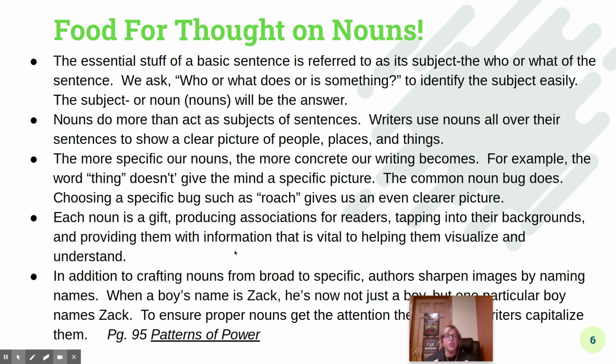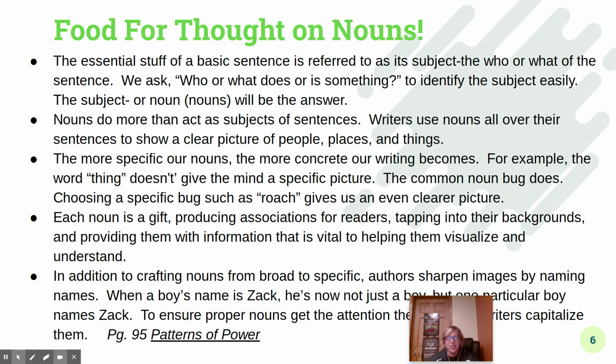So look at this third bullet point. We can be very general when we talk about our nouns, like the word bug, but if we make it more specific and we talk about the roach, we can already picture what's happening because of just that noun choice. It's a clearer picture.